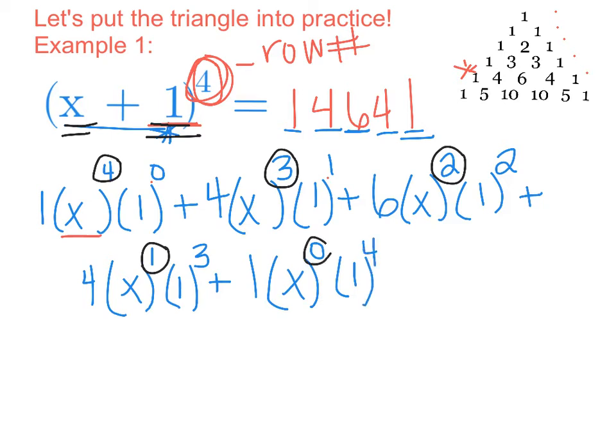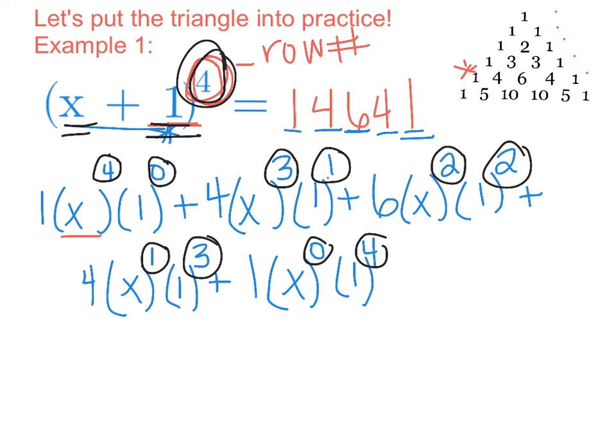So all of our exponents, you see here, 4 and 0 will give me 4. 3 plus 1 will give me 4. 2 plus 2 gives me 4. 1 plus 3 gives me 4. 0 plus 4 gives me 4. So every exponent pair should have a sum of our original, which is 4.